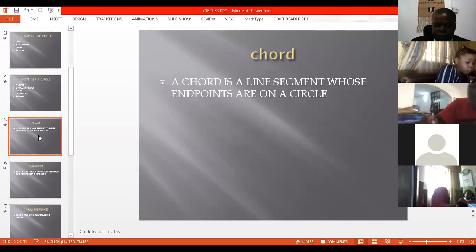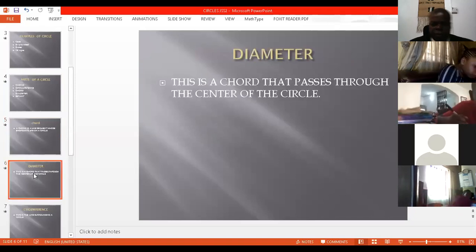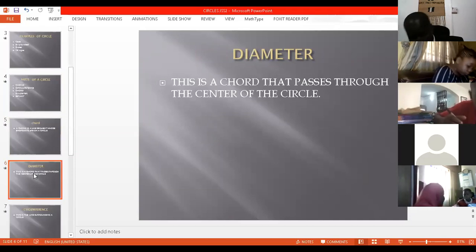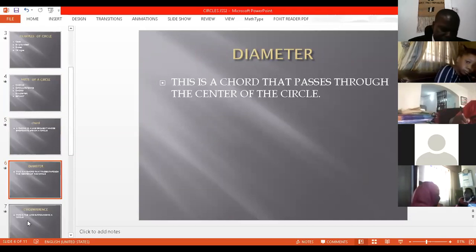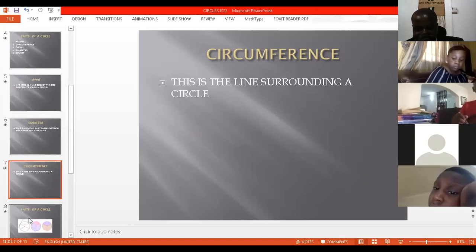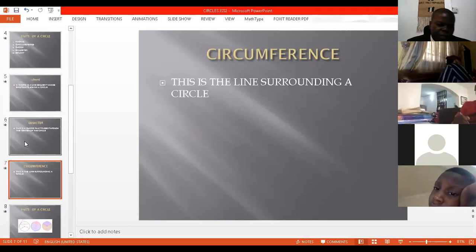Are you done? Diameter is a chord that passes through the center of the circle. Next one is circumference. That is the line surrounding a circle. Circumference is the line surrounding a circle. Are you in diameter?